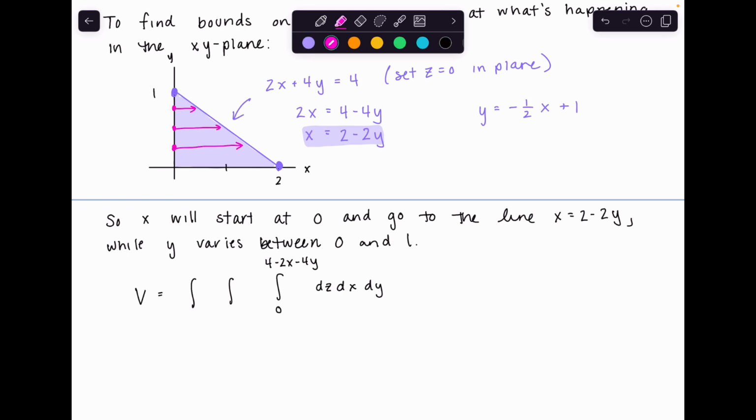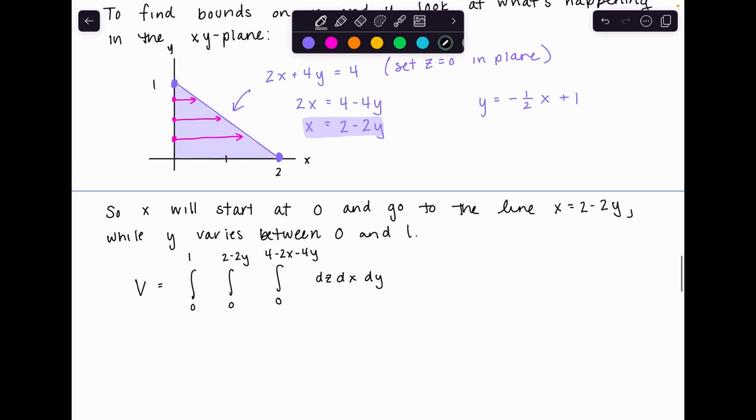Our x starts at 0 and goes to the equation of the line, so the upper bound is 2 minus 2y. Again, z can have these variables in the bounds, x can only have y in the bounds, and then y has to be constants. The constants y changes between are 0 to 1.